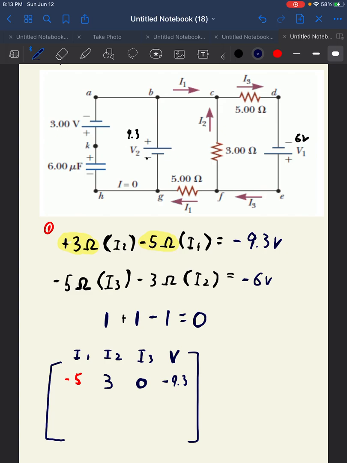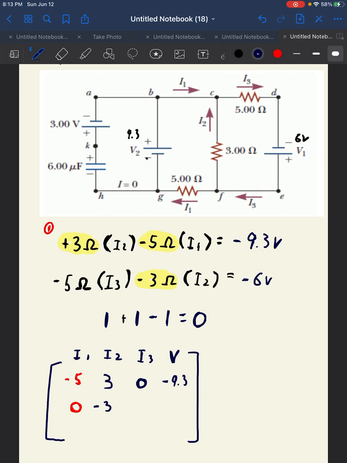Moving on to the second equation. Once again, find I1. There is no I1, so that then is 0. For I2, what do we have for I2? Looking for I2, negative 3. So we then put negative 3 as our I2 value in the matrix.